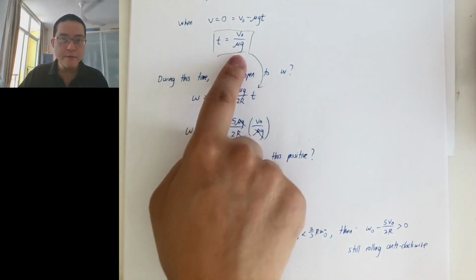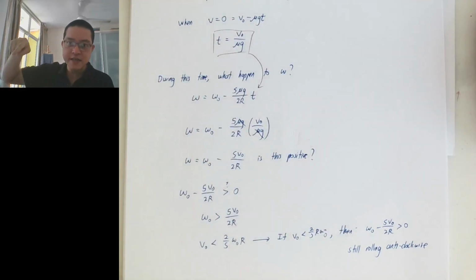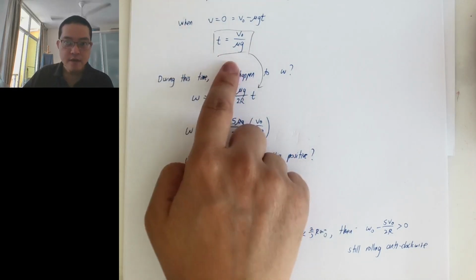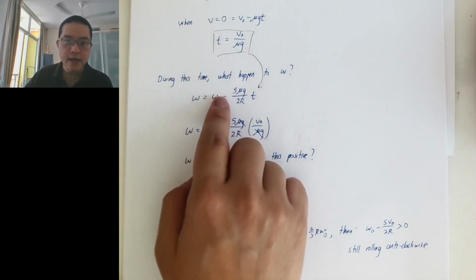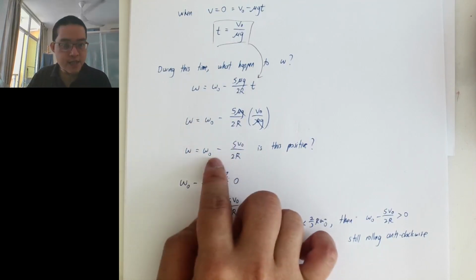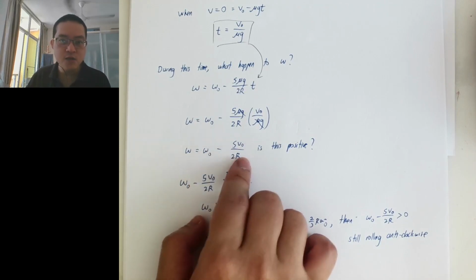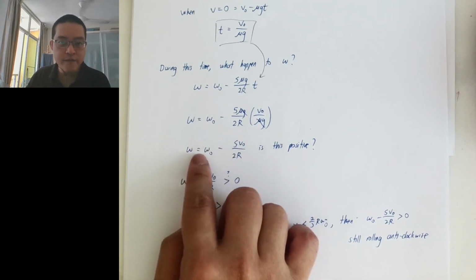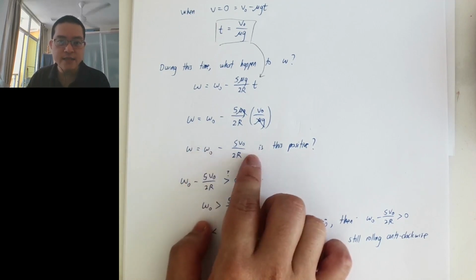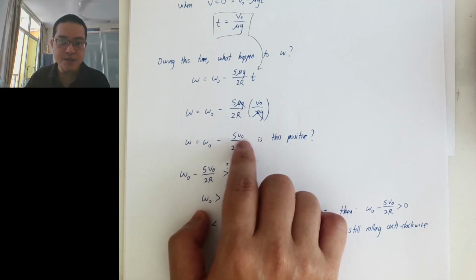So at the time when the center of mass is instantaneously stopped, V0 is decreasing and then it hits 0. So once V0 becomes 0, what happens to my omega? My omega is given by this formula. Is this positive or not? It is this one minus this one. This term will be positive if omega is larger than this number, or if this number is smaller than omega.